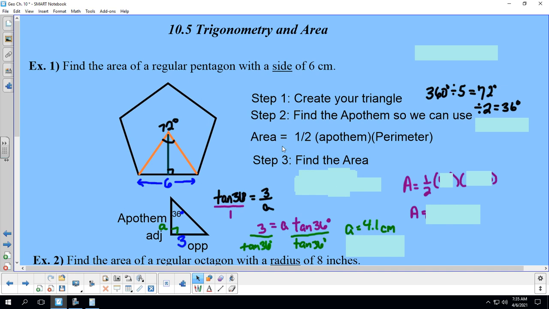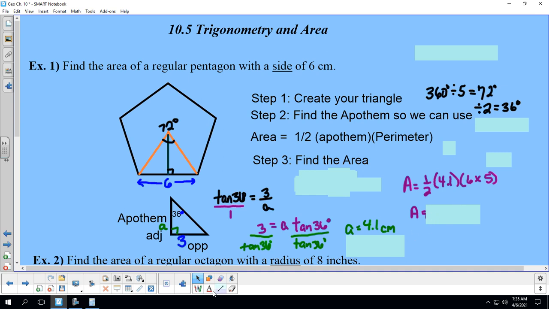So now we know that, so we're step 2, find the apothem, so we can use the area formula. So here's my area formula here. I'm putting in my apothem, and now I need the perimeter. Perimeter is always going to be your side length, 6, times how many sides you have. And because we're a pentagon, it's 5. So that is 1/2 times 4.1 times 30.